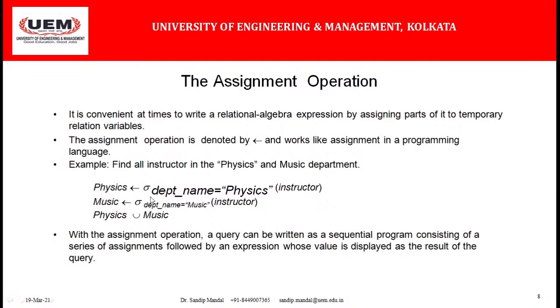If you solve this query, you will get all the instructor names that belong to the physics department. That is the use of the assignment operator: the problem is on the right side and the result on the left-hand side.